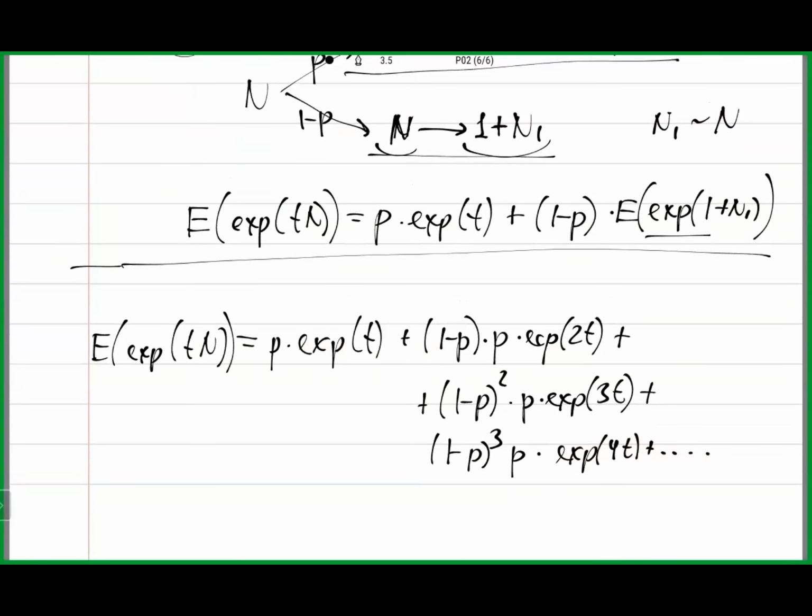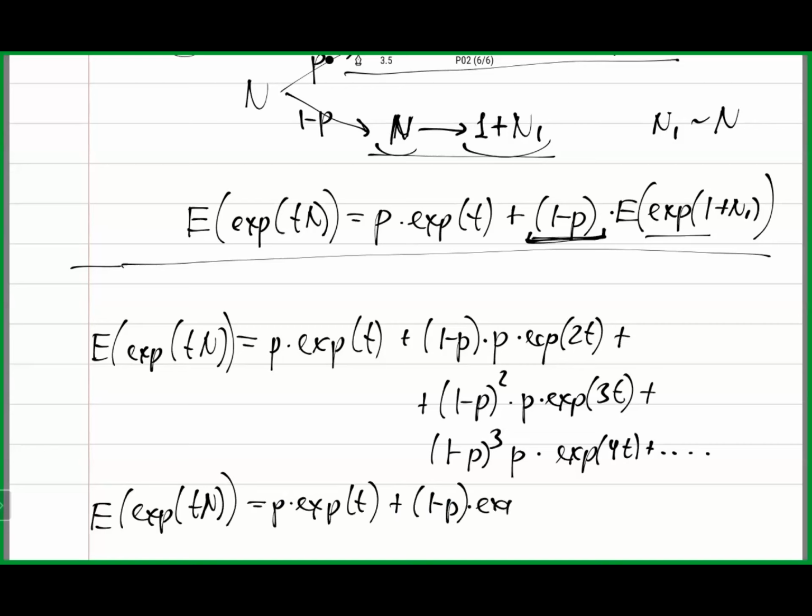Yeah. Now, let's take 1 minus P out of this expression. What we will get? The expected value of exponent of Tn: P exponent of T plus 1 minus P exponent of T times what?